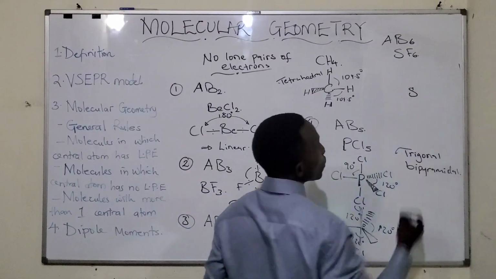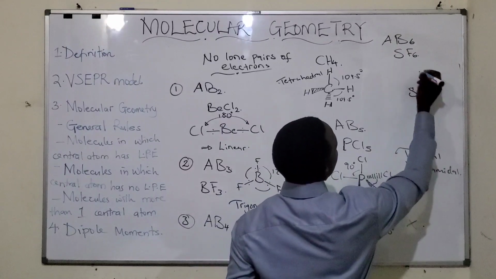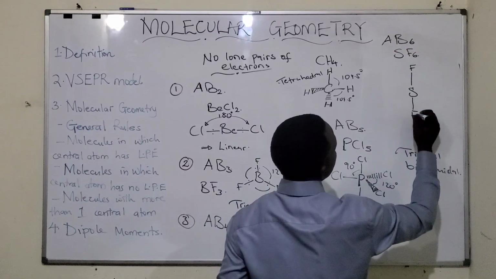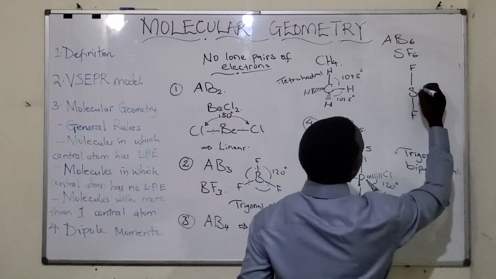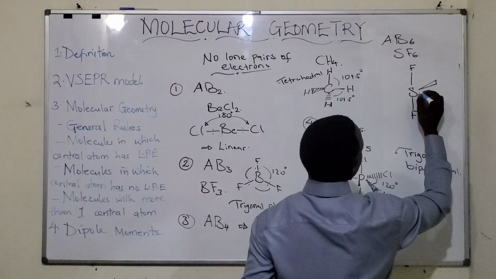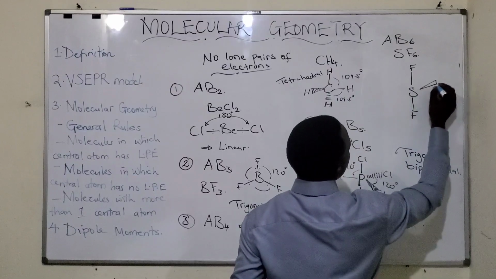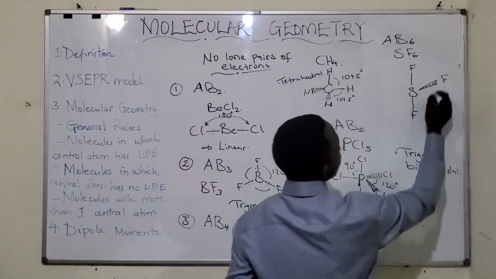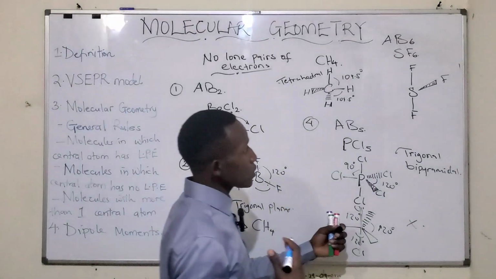Sulfur is in the middle. Then we have fluorine, another fluorine line. This one shows that it is coming from the board towards you.